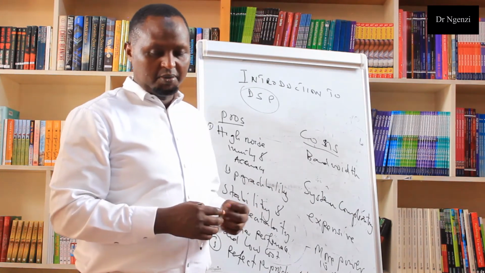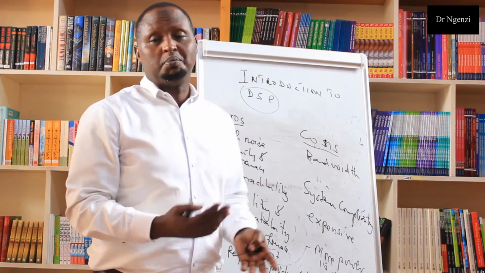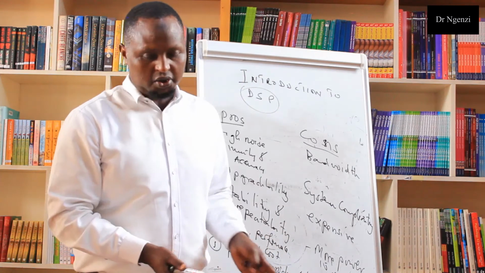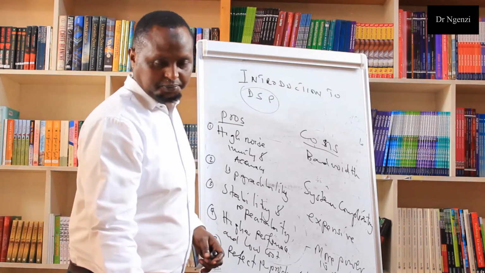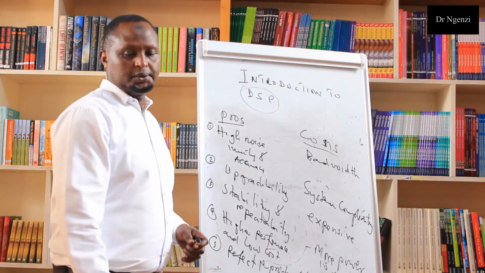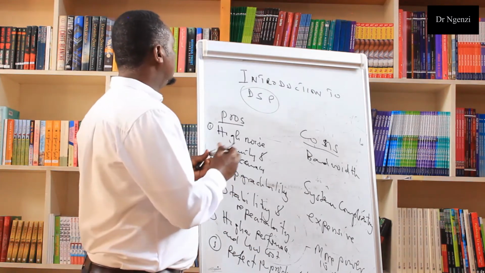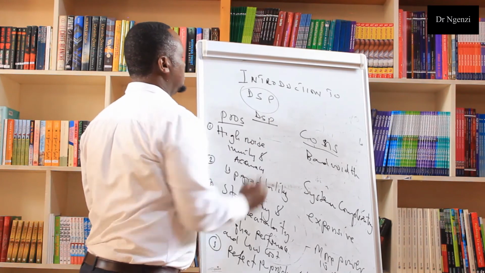The DSP systems are more expensive, to the extent that if you want to buy them, it costs a lot, and also more power can be observed here. So these are the disadvantages of DSP, digital processing.